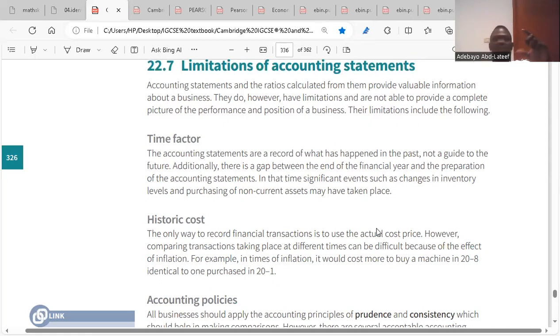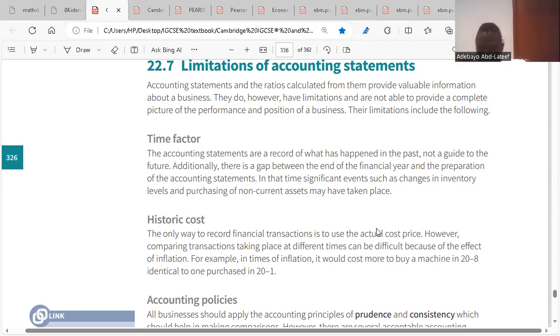The financial statement you prepare is based on records from the past, from December till now. It becomes past, yes or no? Yes, absolutely. But what happens when you are preparing your statement of financial position? Things would have changed at that time; figures would have changed.